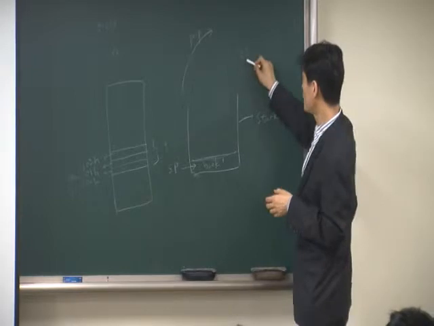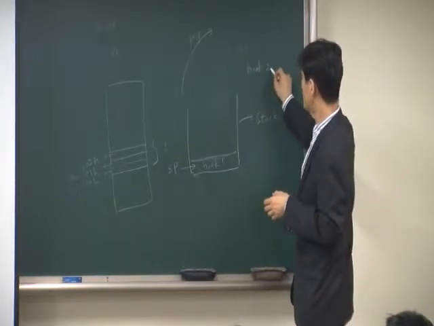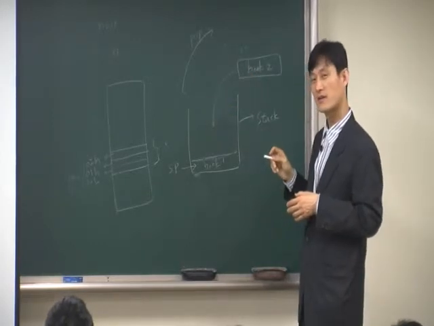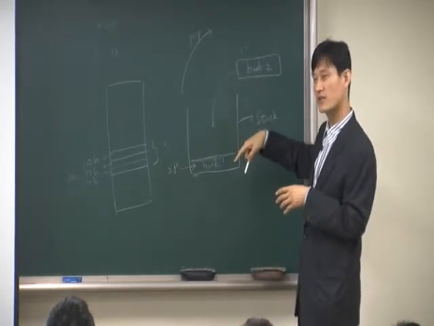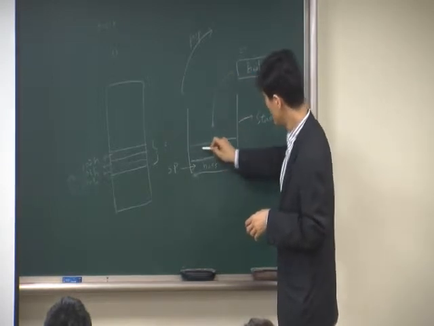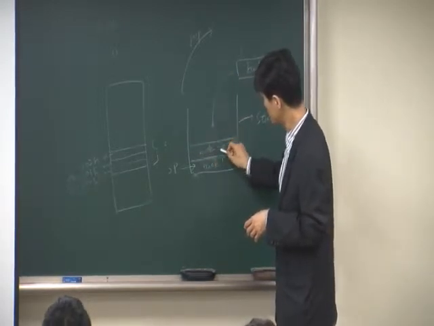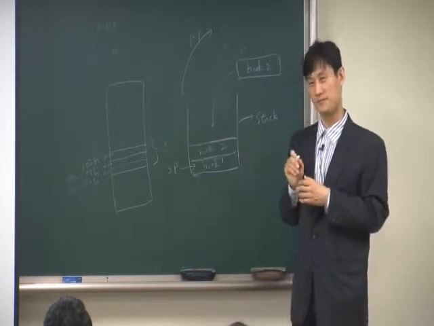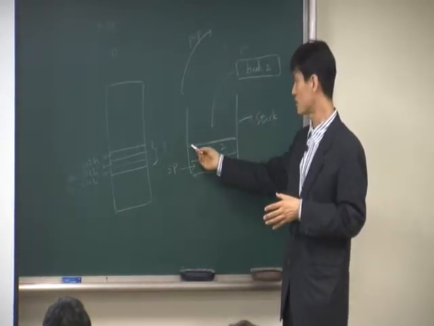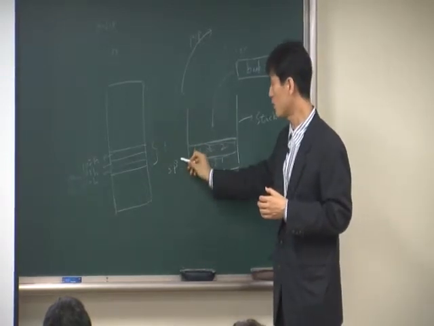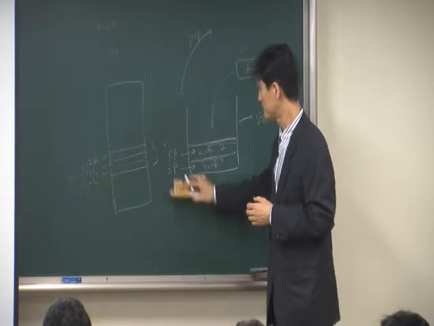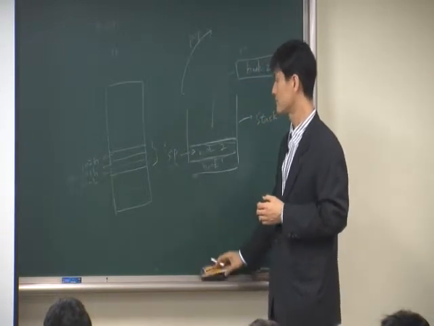Now later I want to push this one in here. I want to push a new value into the stack, then this one goes in: book 2. Now this becomes the bottom, because I put one more book, so the stack pointer should point here.